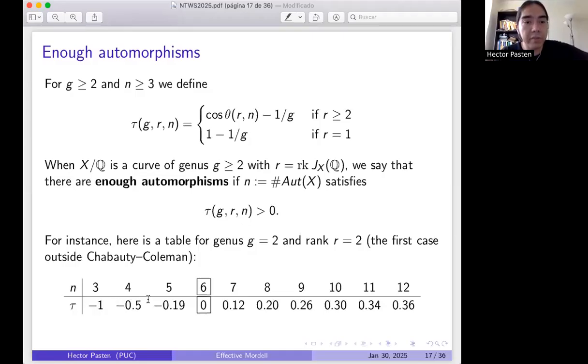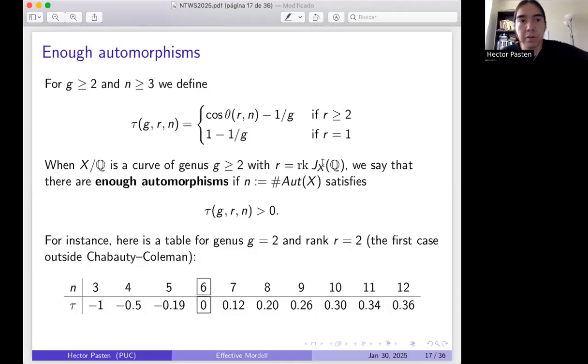You get negative values up to 6 automorphisms, where you get 0. So tau becomes 0 when you have 6 automorphisms. But when you have 7 or more automorphisms for your genus 2 curve, then tau is positive. And therefore, for genus 2 and rank 2, enough automorphisms means at least 7 automorphisms.